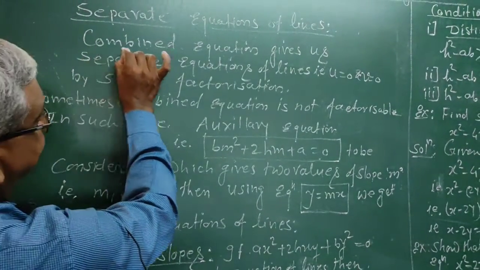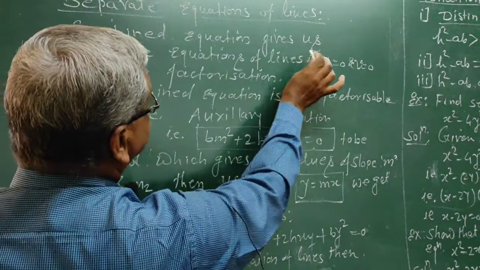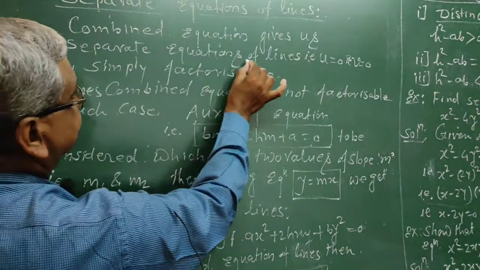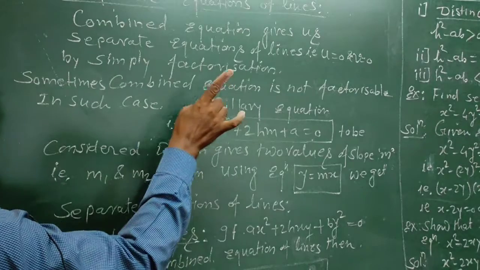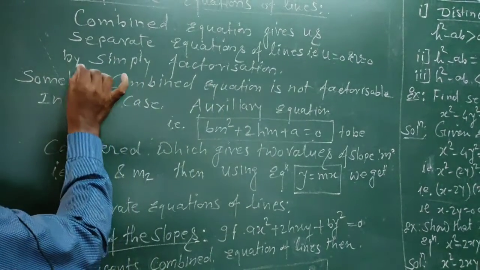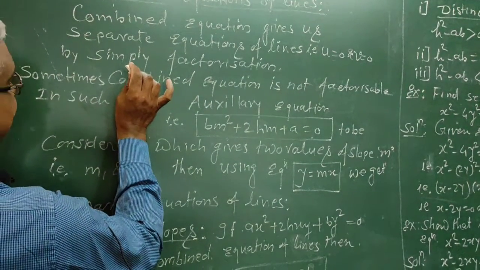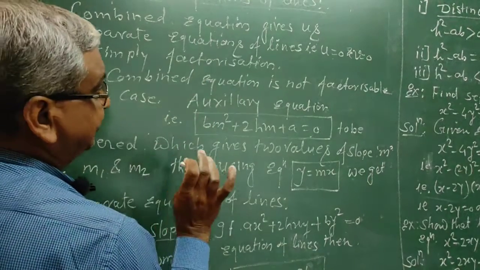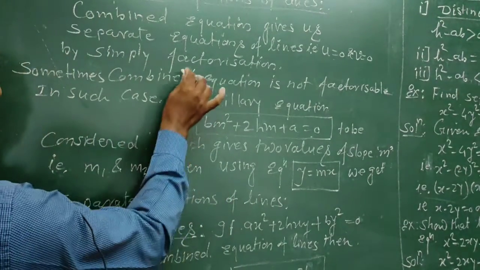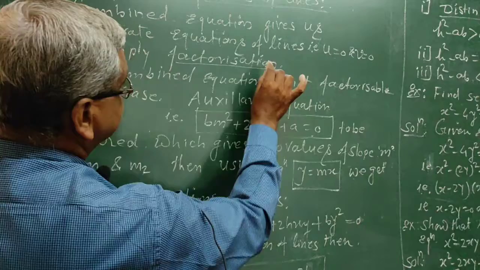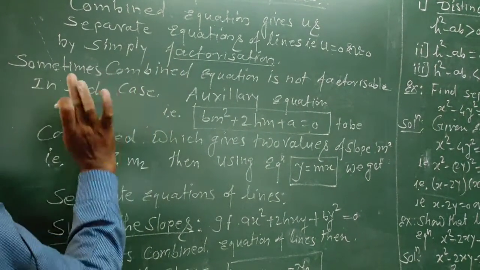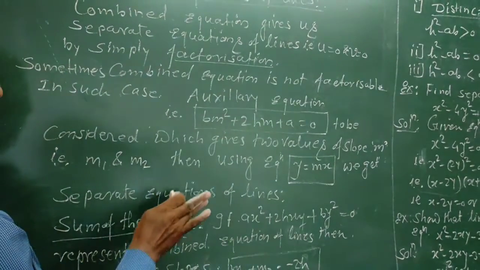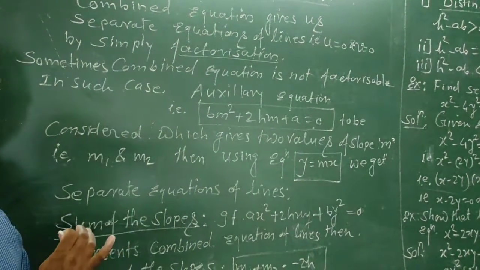So here the combined equation gives us the separate equations of lines, that is, u is equal to 0 and v is equal to 0, by the simple factorization method. But sometimes this simple factorization method fails, and in that case you have to use another method to obtain the separate equations.